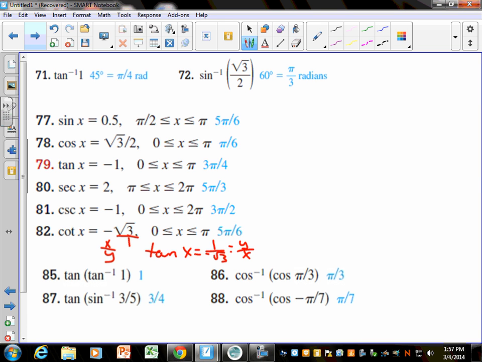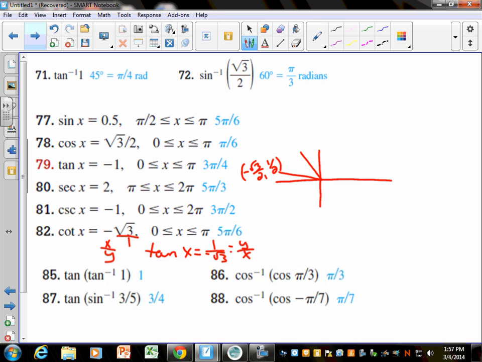I don't care which way you think of it, but you have to make sure you have your points right. Between 0 and pi, you should be able to tell me that it has to be in quadrant 2, because tangent's negative in quadrant 2 and positive over here. So it's going to be either 5 pi over 6 or 2 pi over 3, just making sure that your ordered pairs are right. So if we look at this ordered pair, that's negative square root of 3 over 2, 1/2.